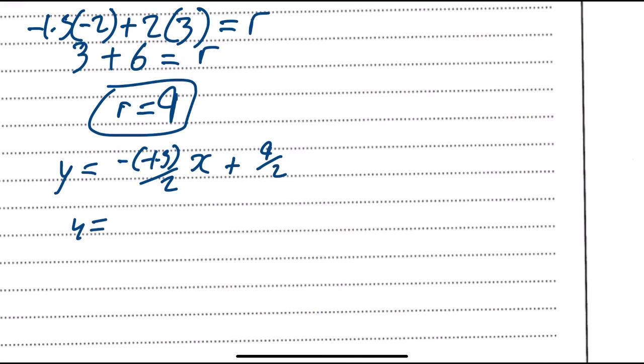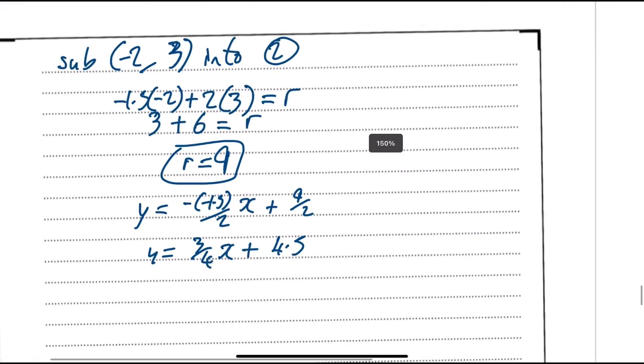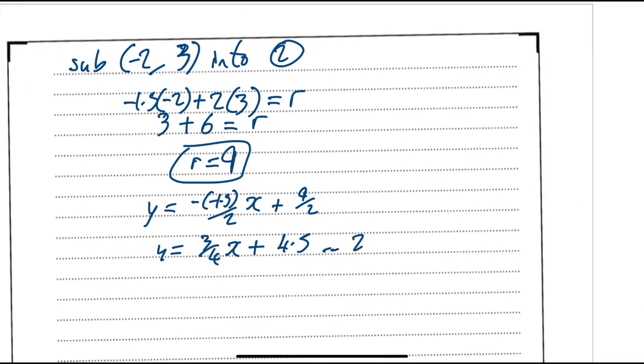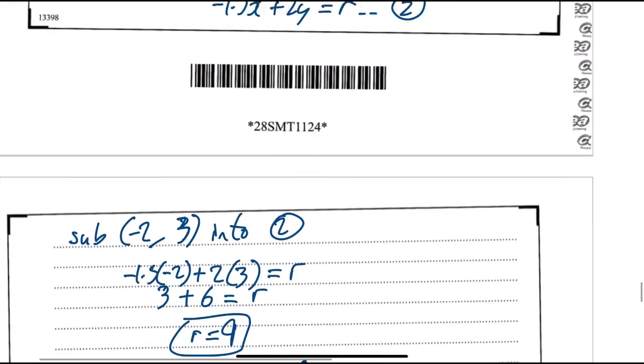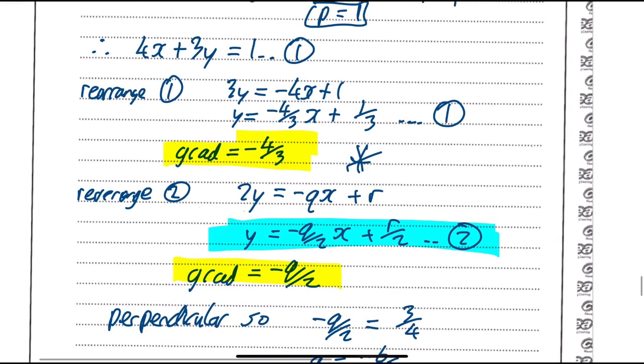So my y is going to be equal to 3 over 4 x plus 4.5. I'm just checking that. I made a wee mistake in this earlier on. Okay, right, now that is my equation 2. I'll write down what my equation 1 was from earlier on as well. It was y equals minus 4 over 3 x plus 1/3.